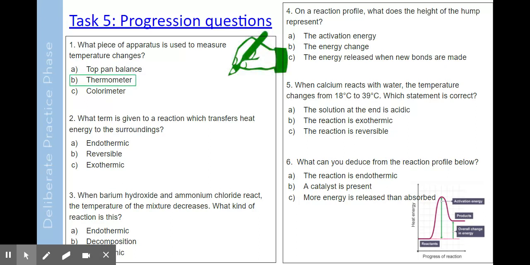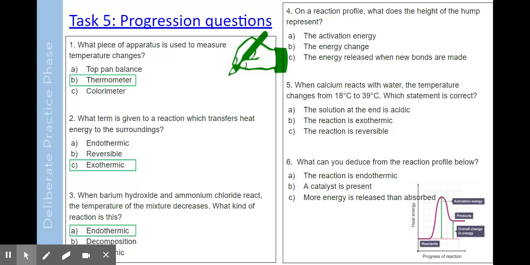The term given to a reaction which transfers heat energy to the surroundings is exothermic. When barium hydroxide and ammonium chloride react, the temperature of the mixture decreases. Well, if it decreases, it must be endothermic.